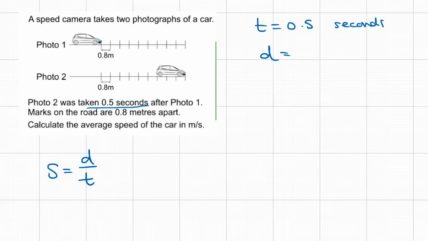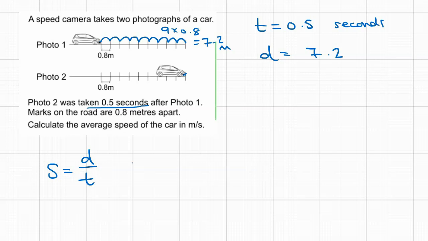So let's see how far we've got to jump to get from front of the car to the front of the car. 1, 2, 3, 4, 5, 6, 7, 8, 9. So I need to do 9 lots of 0.8 meters or 80 centimeters. 9 times 0.8. And that is going to get me 7.2 meters.